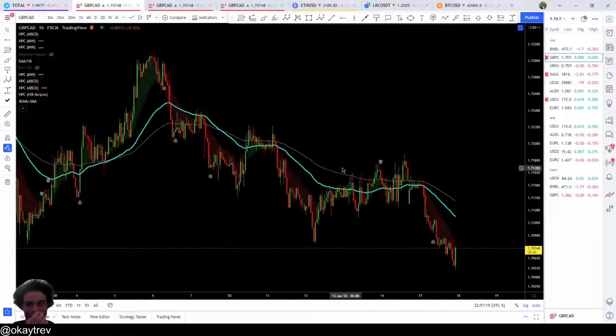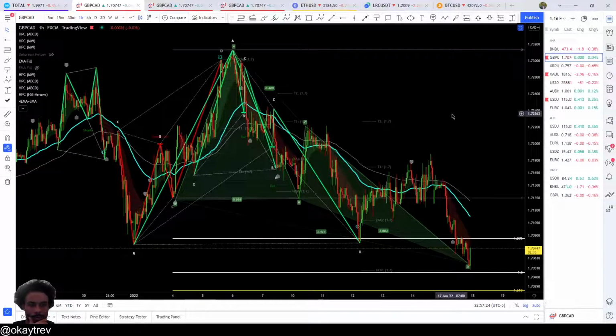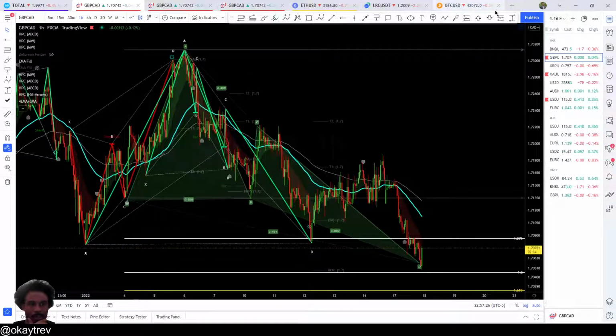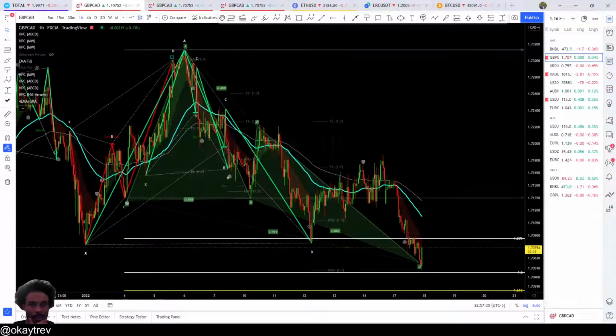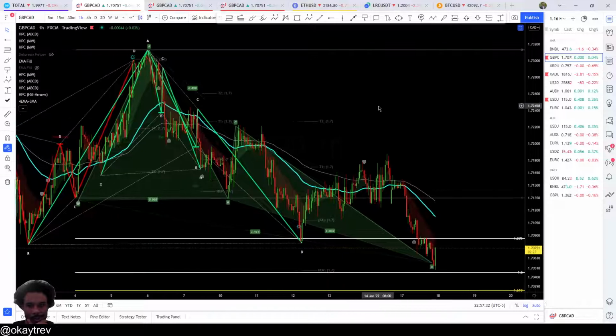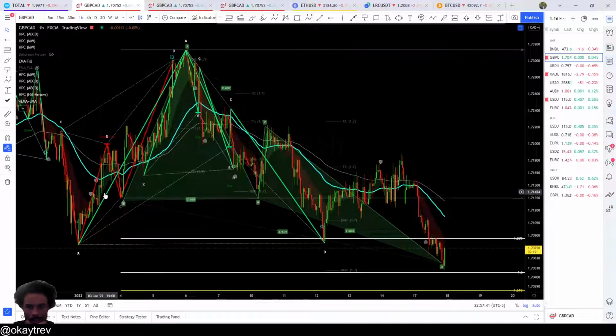GBP CAD. Why didn't we mark GCAD up? Oh, yeah, we did. My computer must be catching some interference here. It's interesting that I put that on the screen, but something else is presenting itself. I'm looking at is type 2.